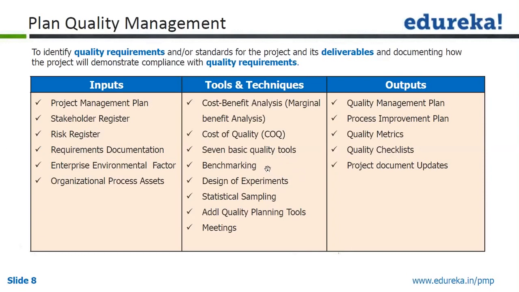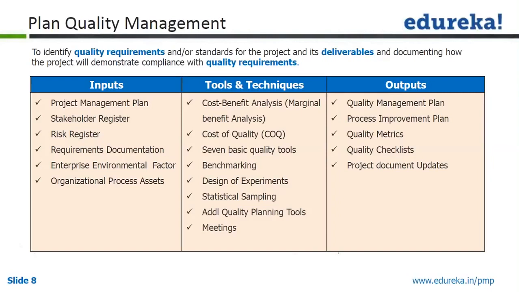Then we have benchmarking. I think we have seen benchmarking, but we'll have a little bit of explanation on this. We'll also have explanation on design of experiments and statistical sampling in subsequent slides. There will be some additional quality planning tools, which we'll see at the appropriate time.